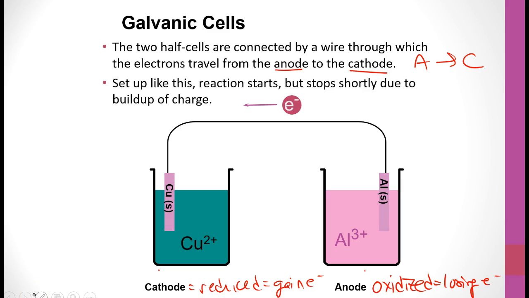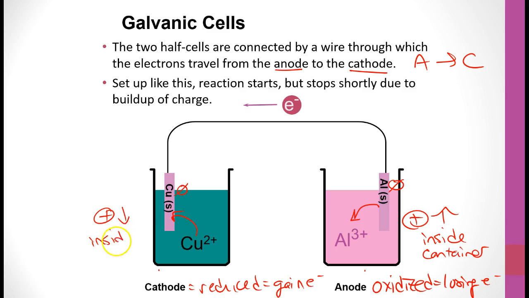So if I set this up, the reaction will start. The electrons are going to start to travel, but it's going to stop almost immediately. Because inside here I have solid aluminum with a charge of 0 turning into Al3+, so the positive charge is increasing inside the container. On this half, I have Cu2+ turning into Cu0, and the positive charge is decreasing inside the container.